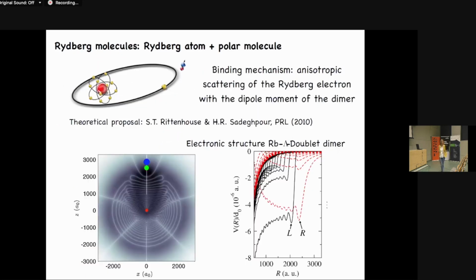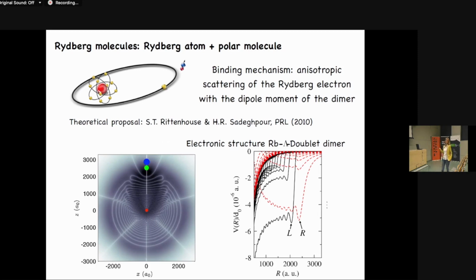The molecules I'm going to talk to you about are a little bit different in the sense that what we change is the ground state species, what we add to the Rydberg atom. In that case, what we have here is a Rydberg atom, and now what we put is a diatomic polar molecule. We have a dipole moment, and then the binding mechanism in this case is a little bit different.